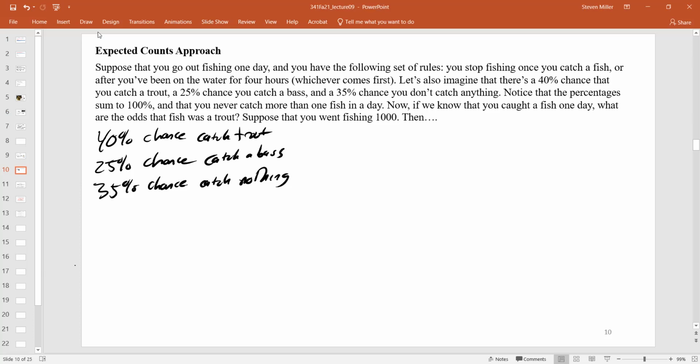Yes. So is the probability of not catching a fish 0, being on the water for 4 hours? No, it's 35% chance that we catch nothing. Right? So the probability that we catch nothing is 35%. But now I tell you we caught a fish.